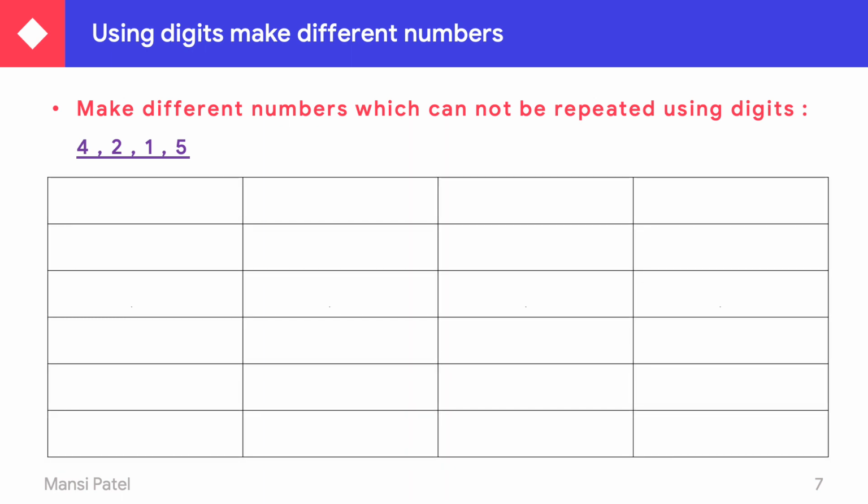See in this table, first you have to write down the smallest number. Your smallest number is 1245. Now according to rule number 1, you have to just change the place of digits. It means the number which is written on thousand place goes to ones, then hundreds comes to thousand, tens comes to hundreds, and ones comes to tens.